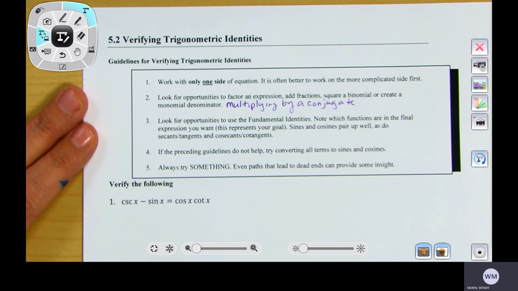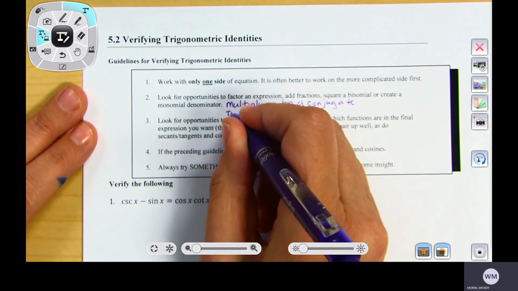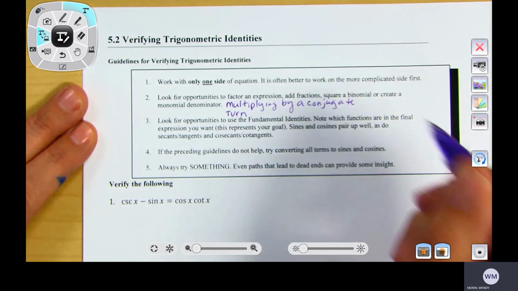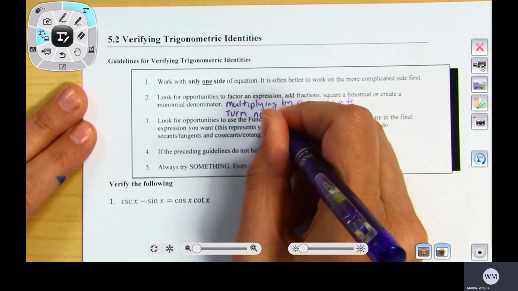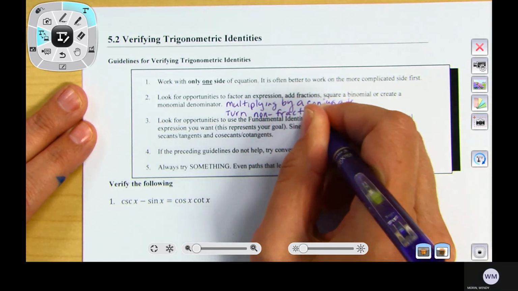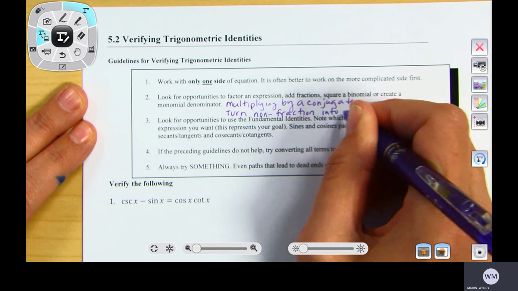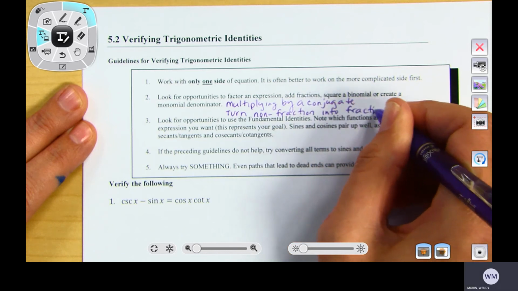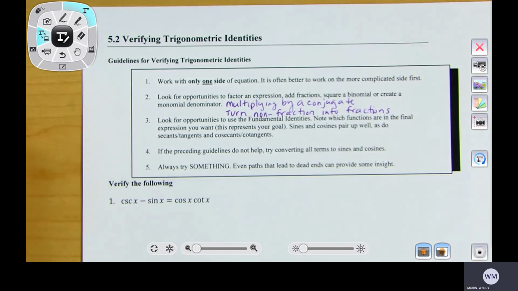Another thing is turning non-fractions into fractions. I know this is going to sound weird, but you'll see why. Usually we don't do that, because who wants to turn something into a fraction? Okay, so your goal is to prove that the sides are equal.